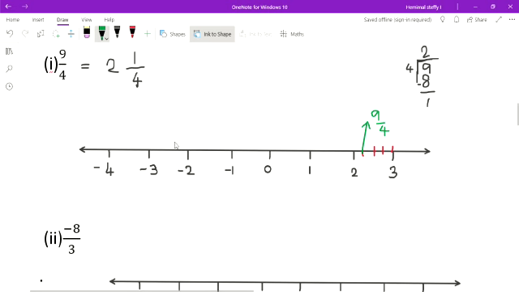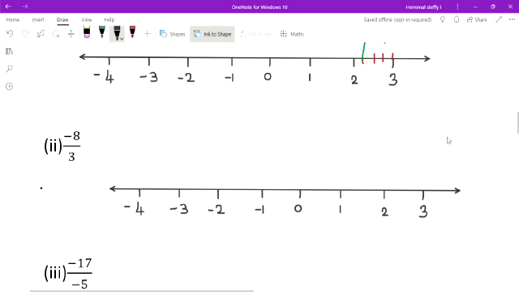Then going to the next sum. Minus 8 by 3. Same method we will follow. Take division using rough column. Okay. Then take the divisor. So 8 divided by 3. And how many times? 2 3s are 6. 8 minus 6 gets 2. Okay. So what is the mixed fraction here?